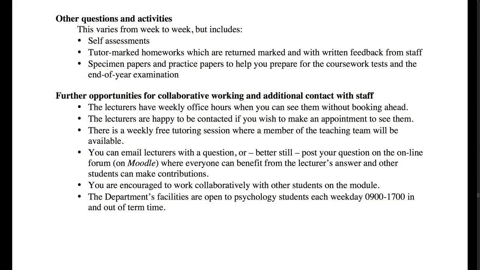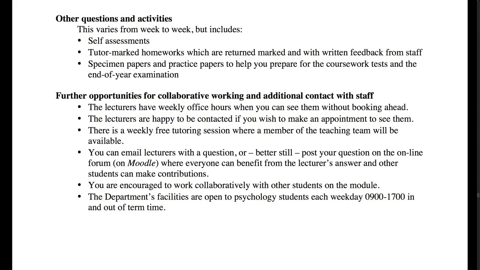And any time during the year, if you've got questions about the course and questions about the material in this module, you can ask, perhaps by emailing the lecturer, or better still, by posting your question online. So the course materials are delivered through a system called Moodle, and that will have an online forum where you can post a question, and then everyone gets to see the answer, which will benefit everyone in the class.